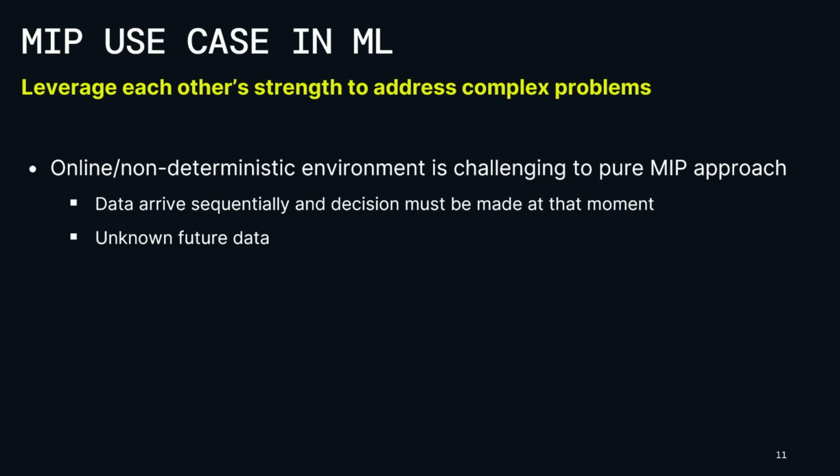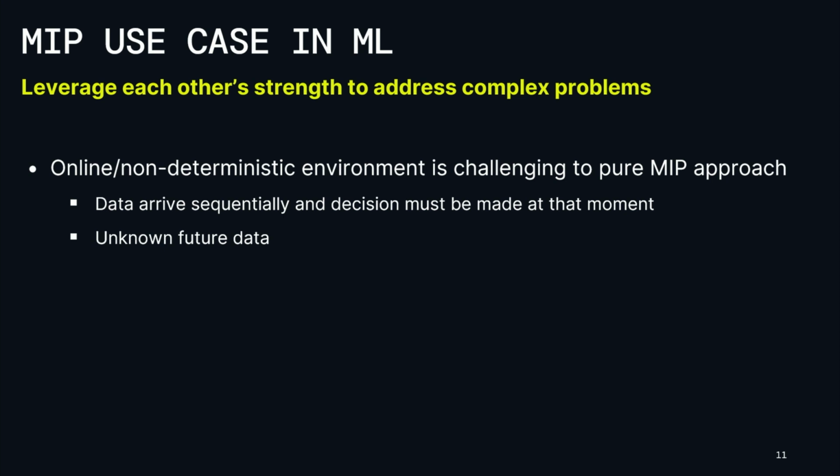Besides using machine learning in mixed integer programming, we can also try to use mixed integer programming within machine learning applications. For example, in an online or non-deterministic environment, it is challenging for a pure mixed integer approach, because data are arriving sequentially and decisions must be made at that moment.